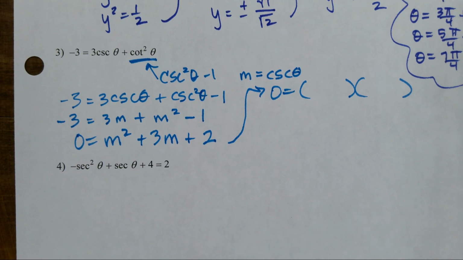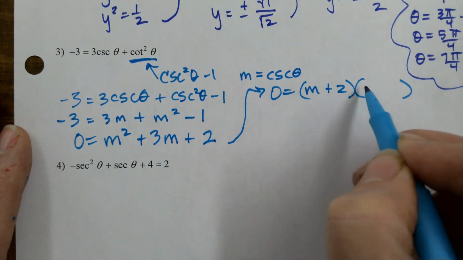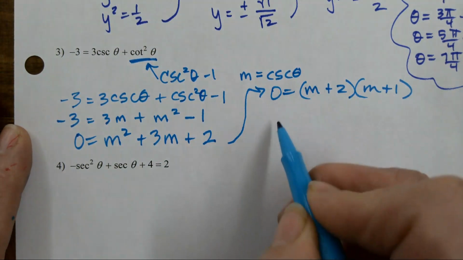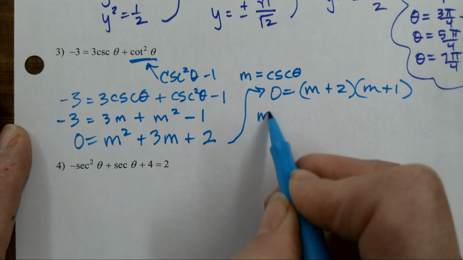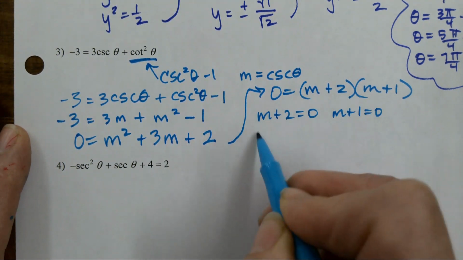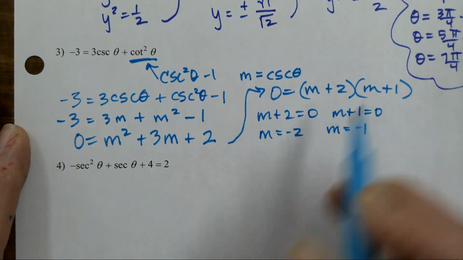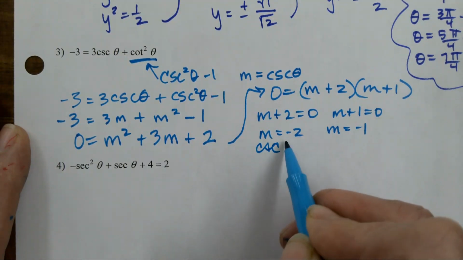Did anybody factor that already? Yep, Glenn? So when I solve this, m plus 2 equals 0, m plus 1 equals 0, m is -2, m is -1, but not m, instead cosecant.